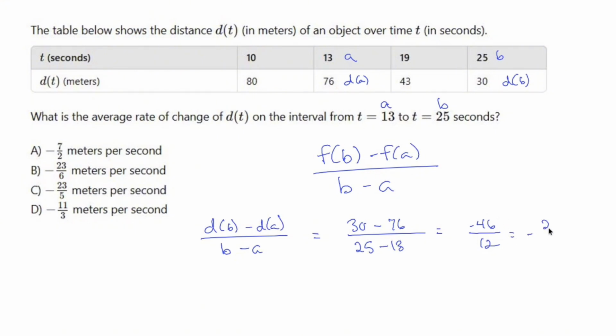So -23 over 6. And since this is a rate of change, it's going to be meters per second. So -23 over 6 meters per second, which seems to match up with B. Average rate of change with the table is different from when you have a function or a graph. It's a little bit friendlier in this case. Just label things, plug stuff in, do a little bit of math, you're set.